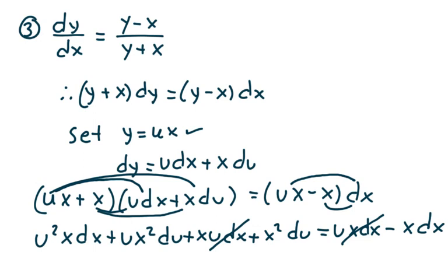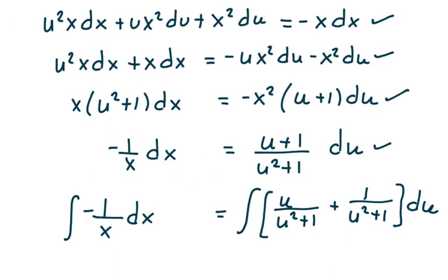So those two terms will cancel, and what we're left with is u squared x dx plus ux squared du plus x squared du is equal to -x dx.